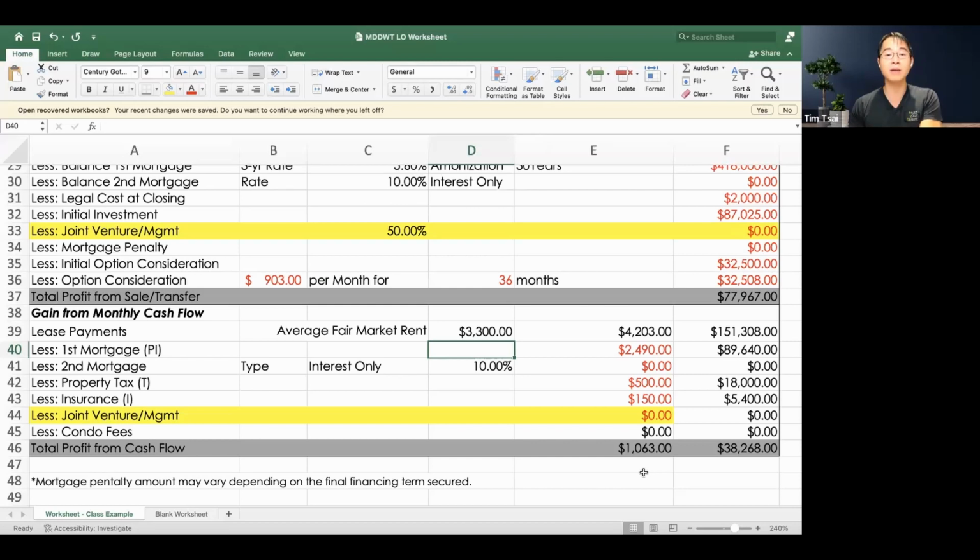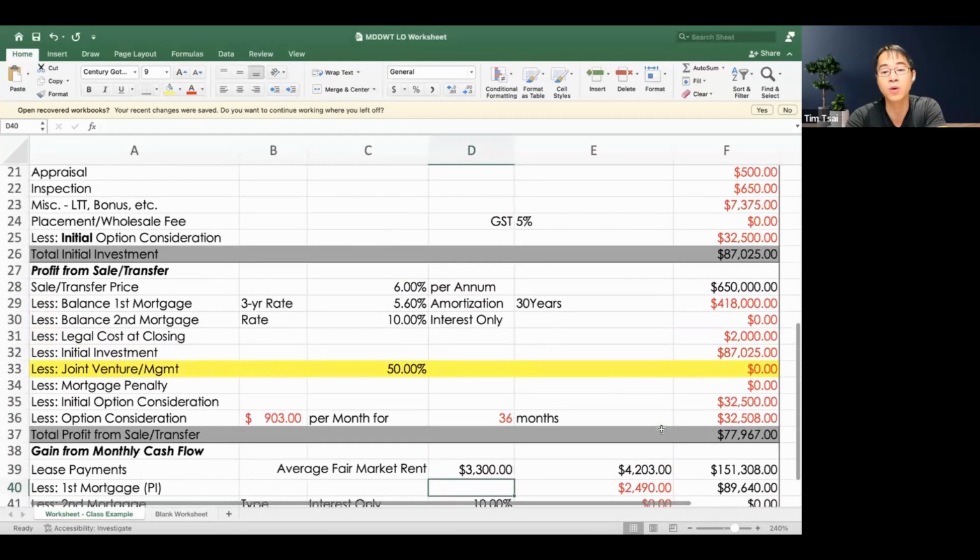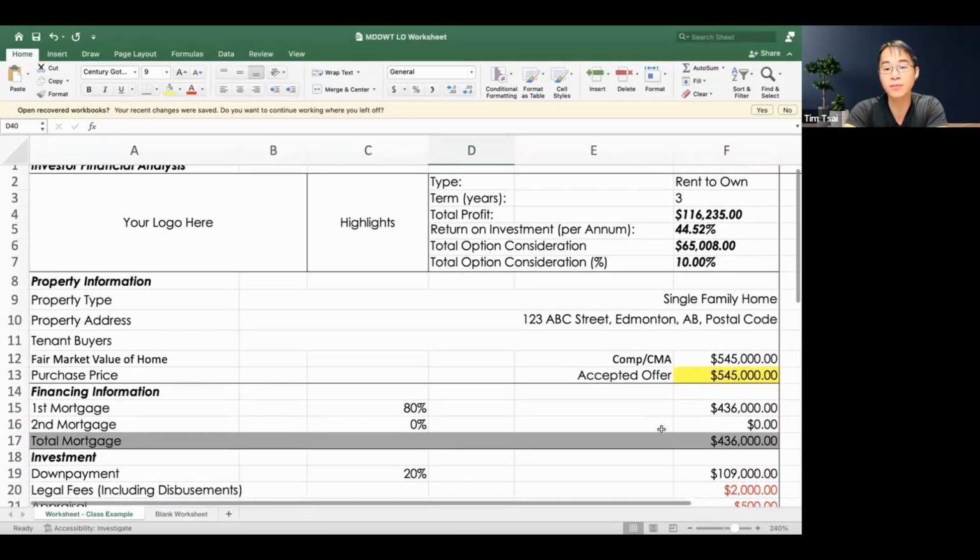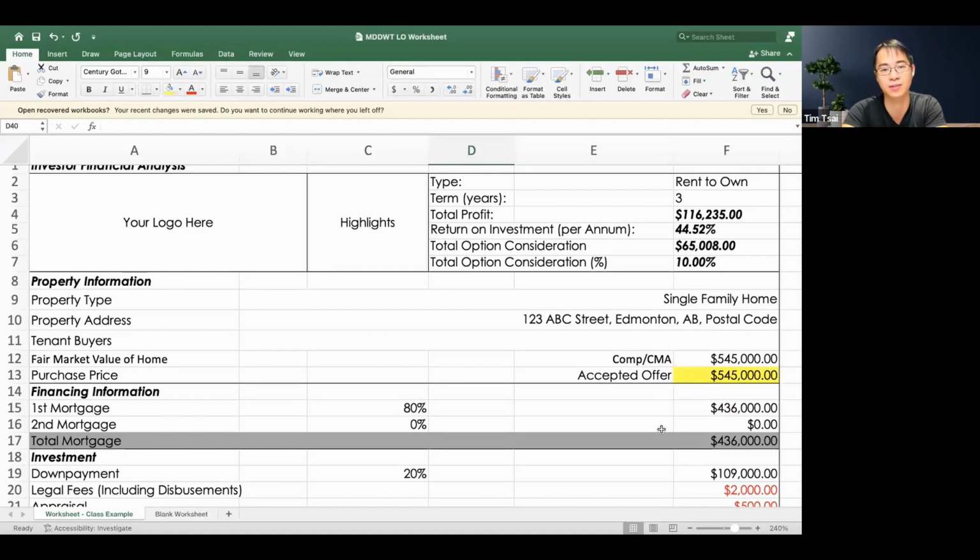Why? Just because of the numbers and the figures that are taken into consideration. And so in this particular case, that's the only thing that we're changing. It doesn't affect anything else in the equation here. So then we scroll all the way up. Okay, you're still making over 116,000 in an annual average return on investment of 44.52%.